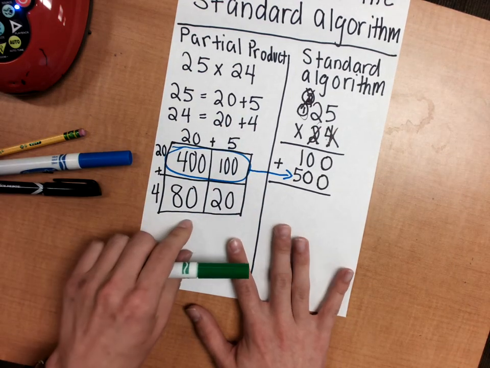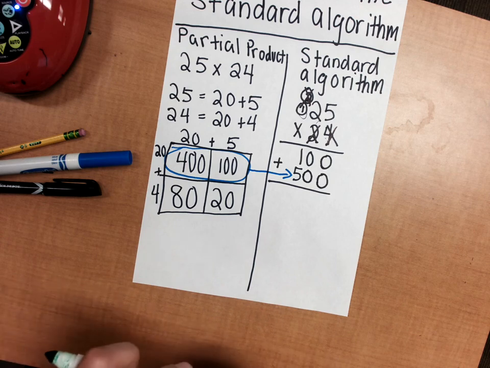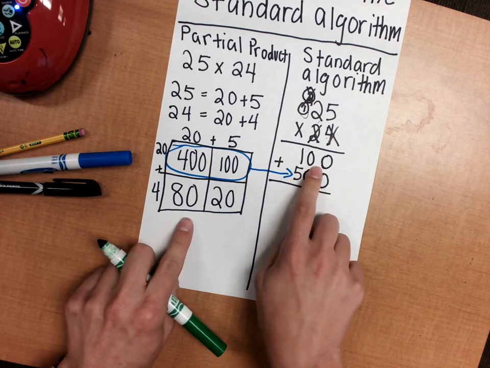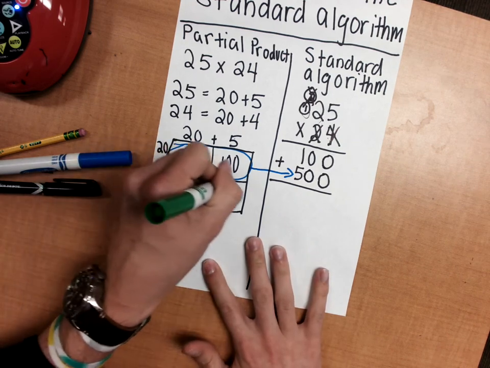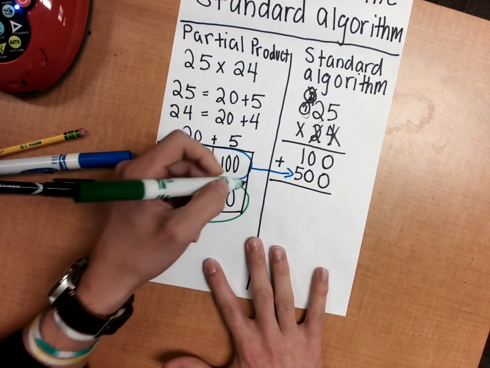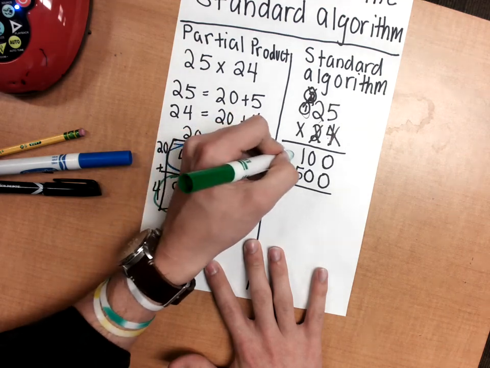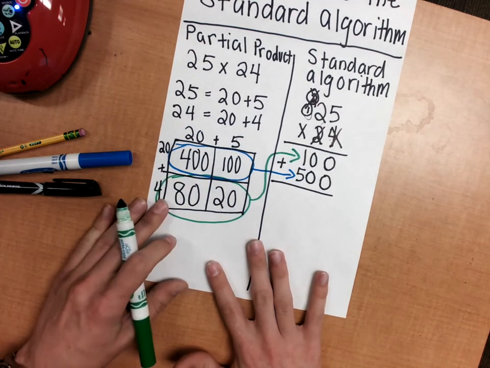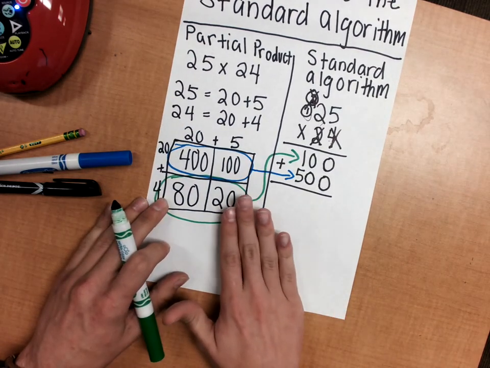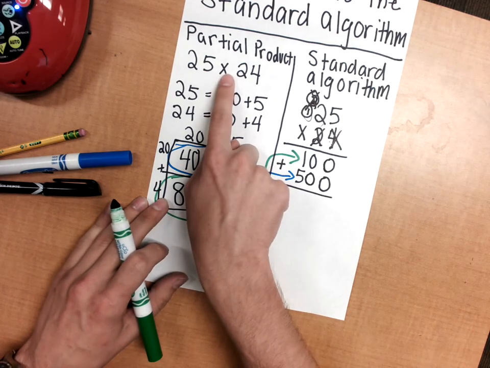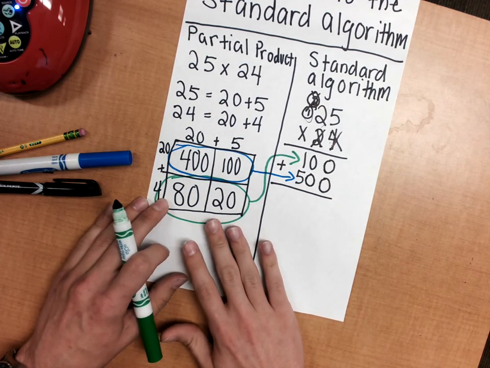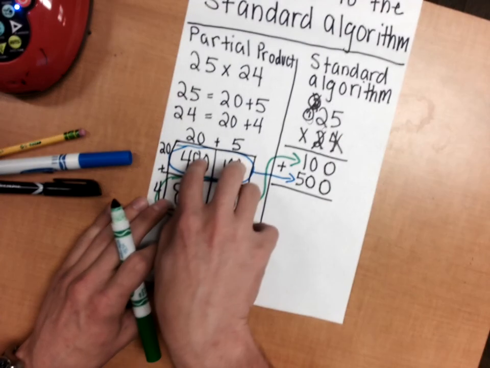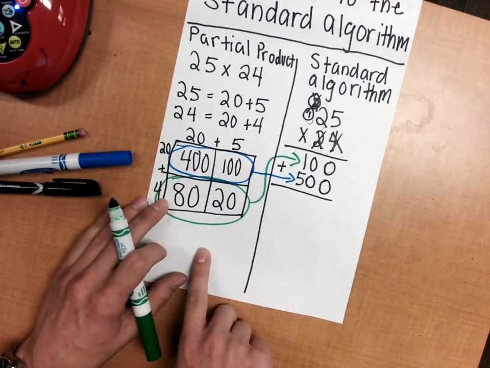And when we look at our 100, we can find 100 over here at 80 plus 20, which is right here. So in my last video when talking about partial products, 2-digit by 2-digit, or even any partial products, what we do when we find everything in the box is we add it together.